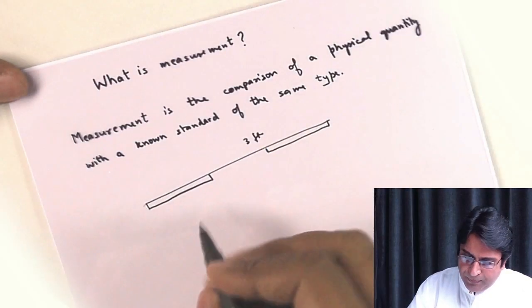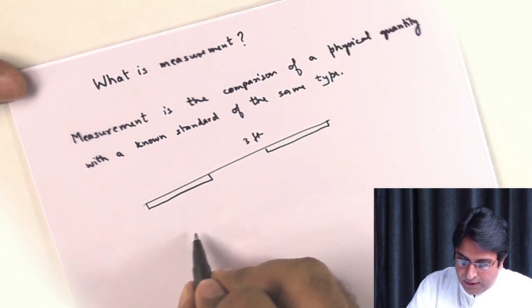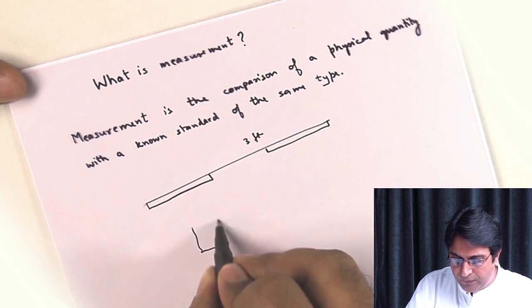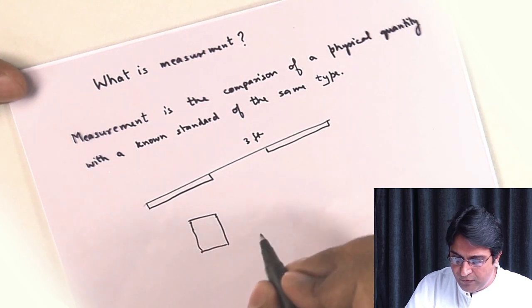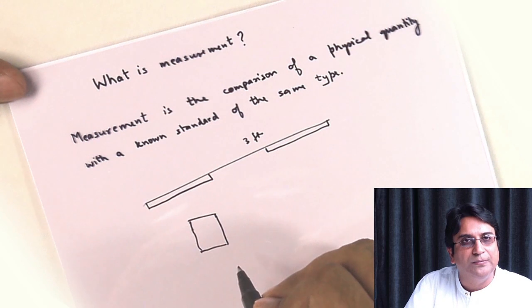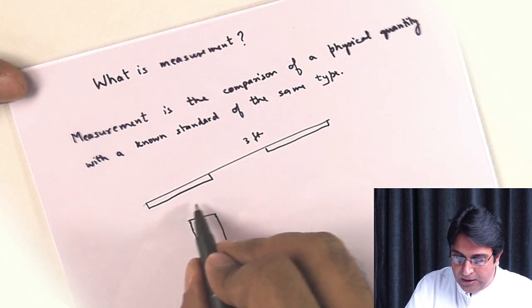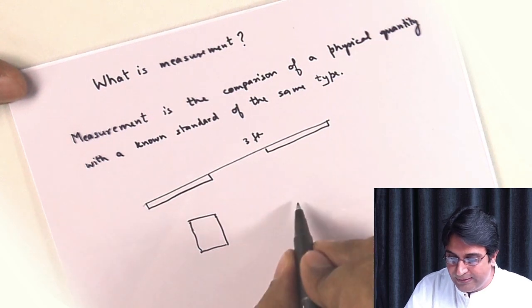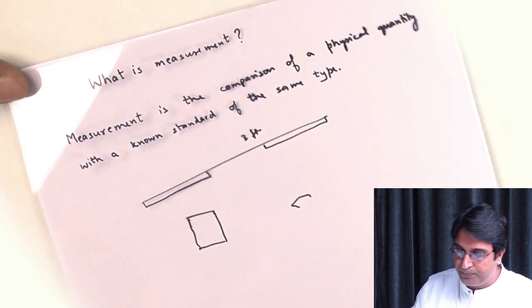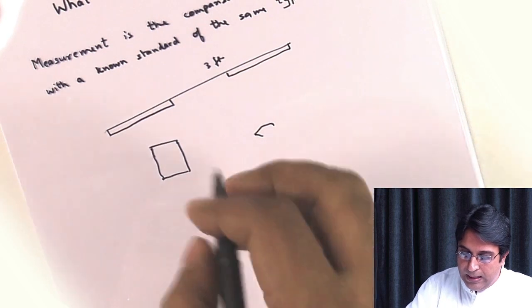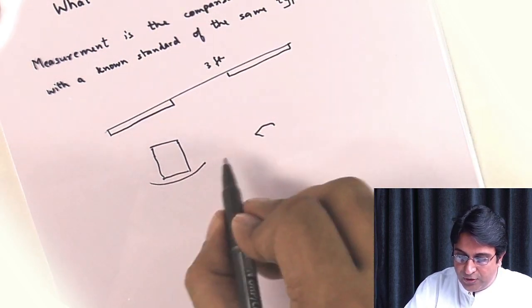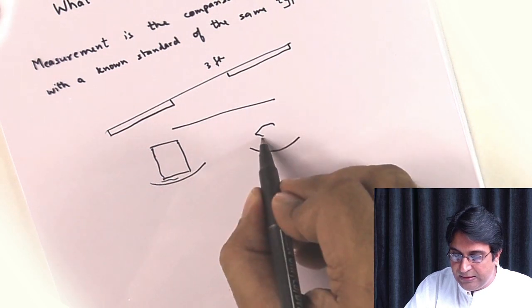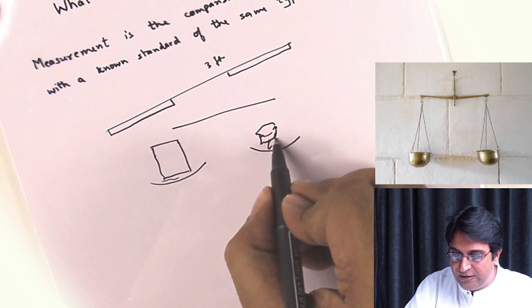For example, let's say you have to measure the weight of something, right? So let's say you have got a bag of wheat and you want to find what its weight is. So we could use a spring balance, or we could use simple weights, right? 1 kg weights and so on. And the simplest one is to use scales and then put on all these weights here.